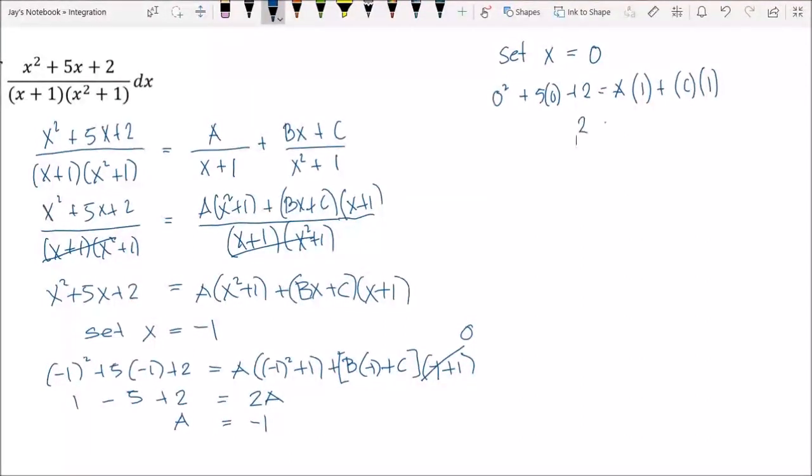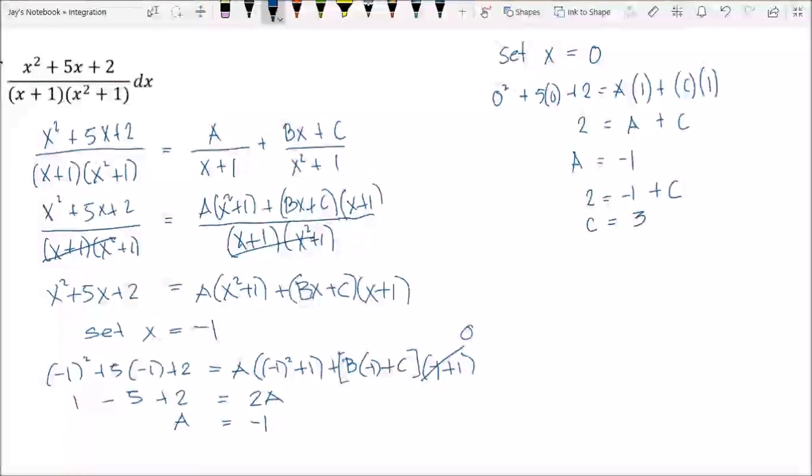That would give us 2 is equal to A plus C. However, we have A is equal to 1. We have already computed the value of A, right? So let's use that value to find C. So that means 2 is equal to 1 plus C. So therefore C is equal to 1.